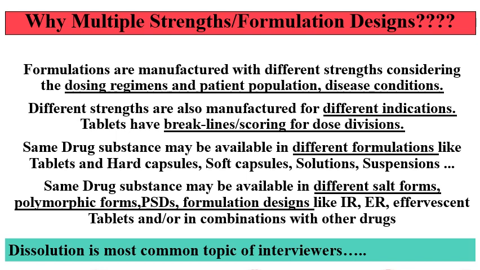And all these are the factors affecting the product specificity. That is the dosing regimen, patient population, disease conditions, indications, and the product design. So there are multiple strengths or multiple formulations available, and the same API also has different particle sizes, salt forms, polymorphic forms, and formulations.